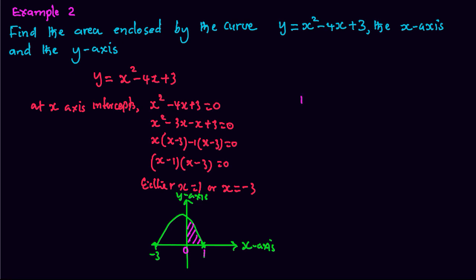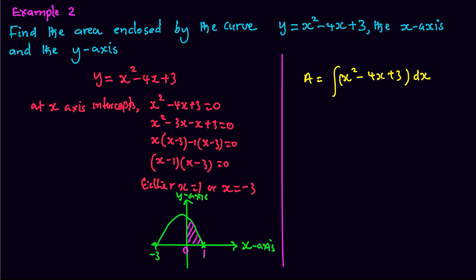So our area, therefore, will be given by the integration of x squared minus 4x plus 3 with respect to x between x is equal to 0 and x is equal to 1.